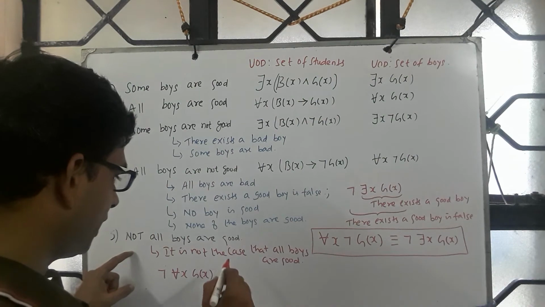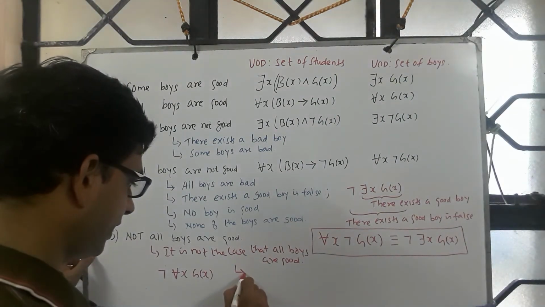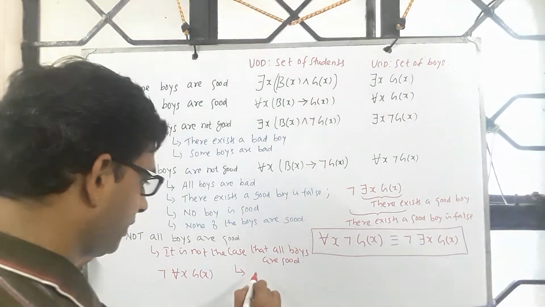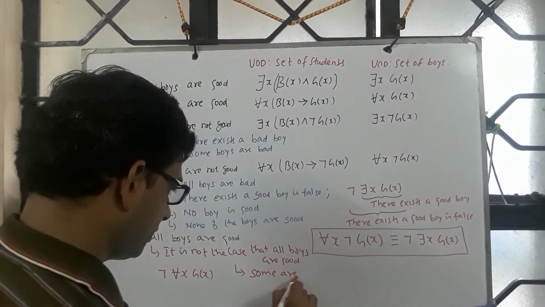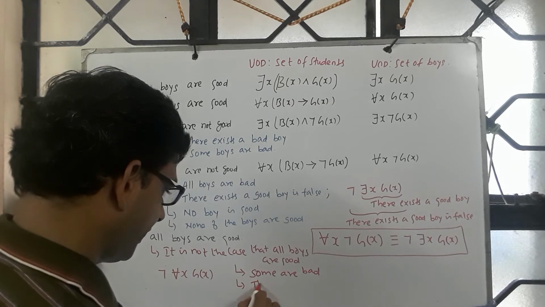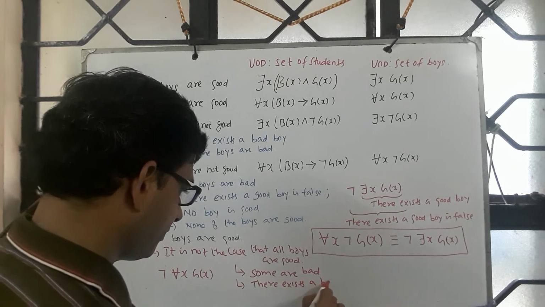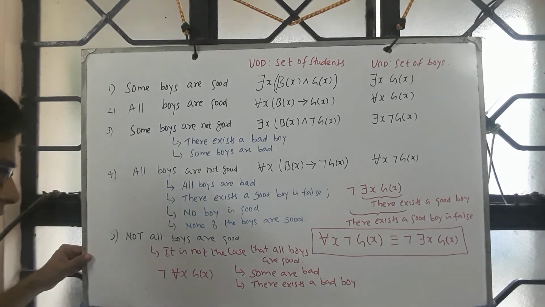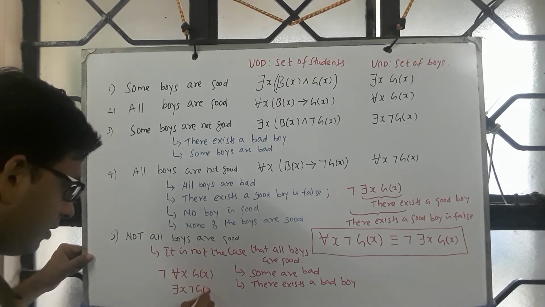If you say not all boys are good, so in a class you see that not all are good, which means some are bad, which means there exists a bad sample, there exists a bad boy. Correct? So how do you write that there exists a bad boy? So there exists a boy who is not good.